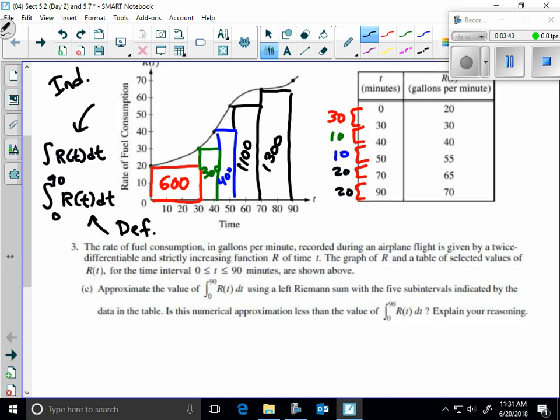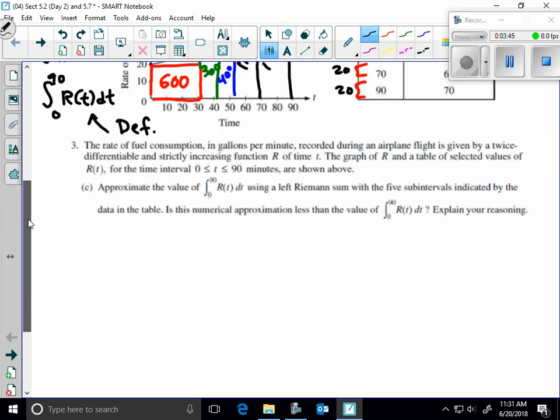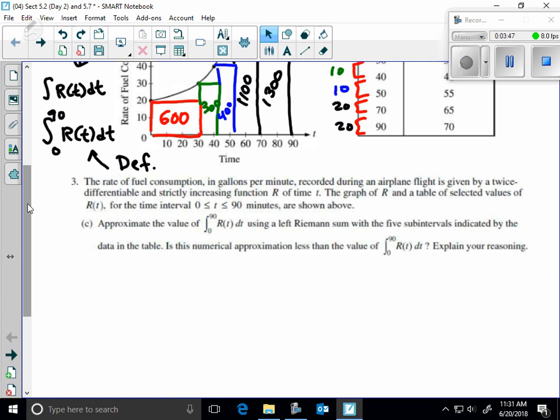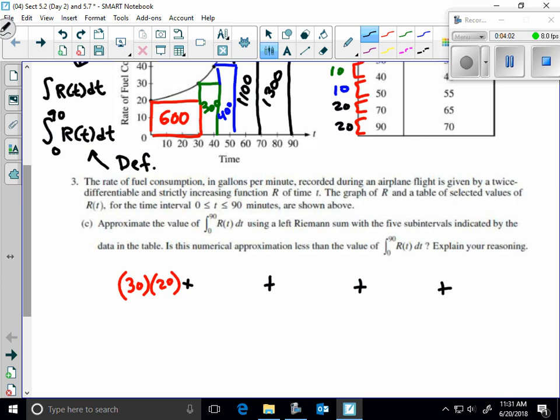Okay, so let's just review how I got these values. To find the area, I'm just taking base times height, which is width, right? So 30 times 20. I'm going to add all of these areas up. So I had 30 by 20. I had 10 by 30. I had 10 by 40.